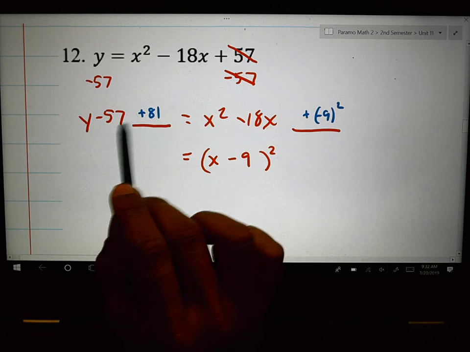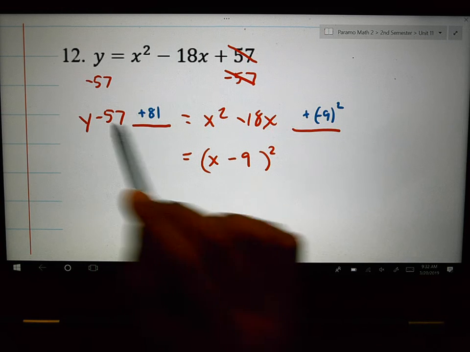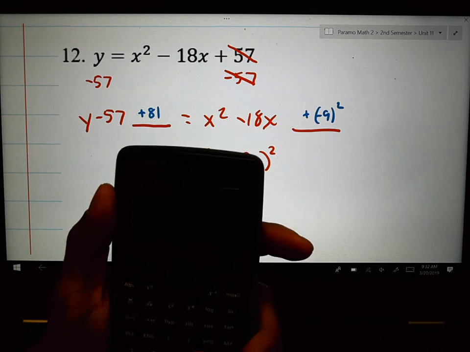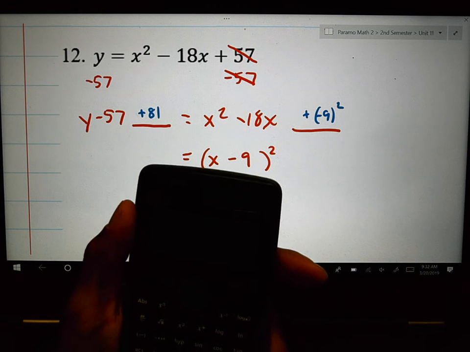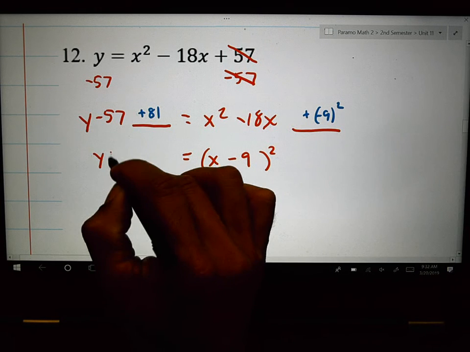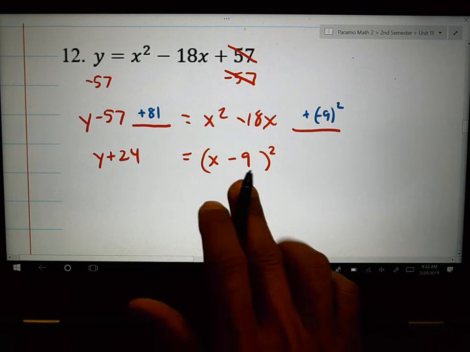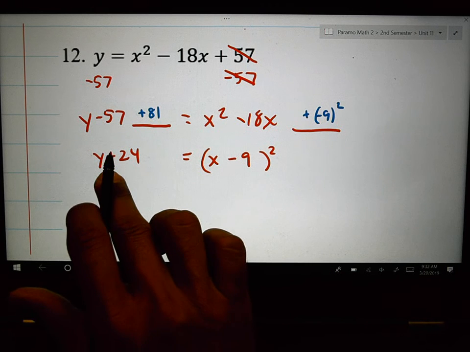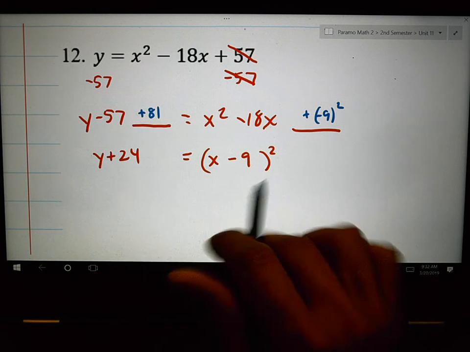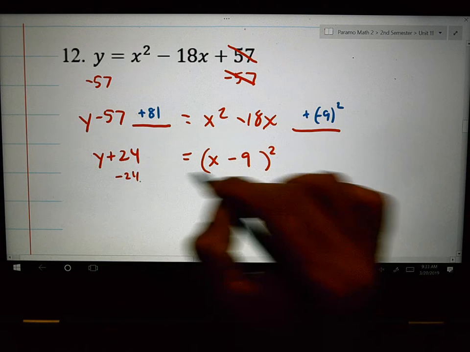So we need to figure out what 81 minus 57 is. I'm going to use my calculator for that because that's a big number. We're almost done. This is your H, this is your K. But I have to move the K on the other side because that's what we've been doing.